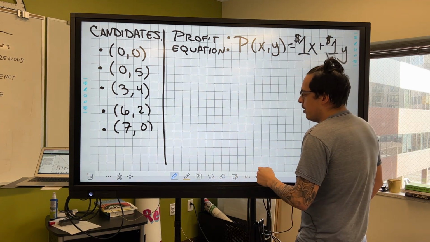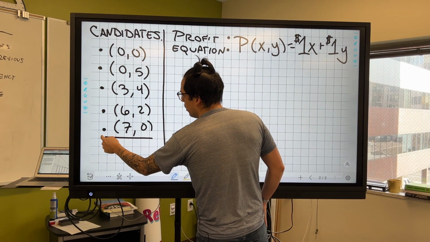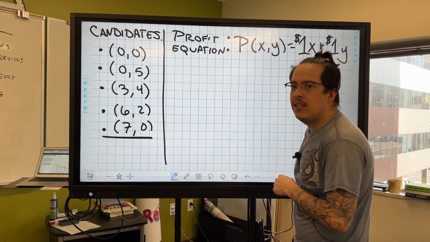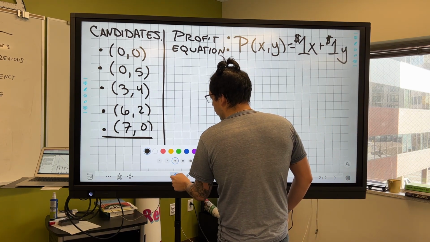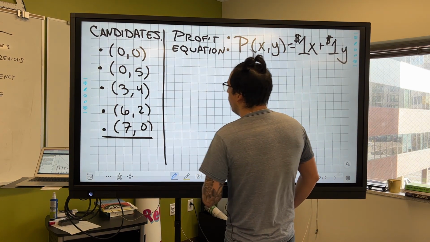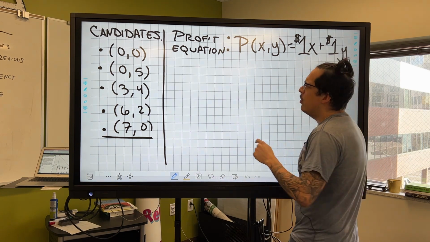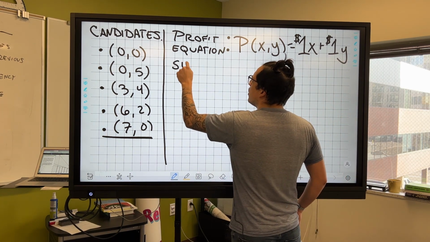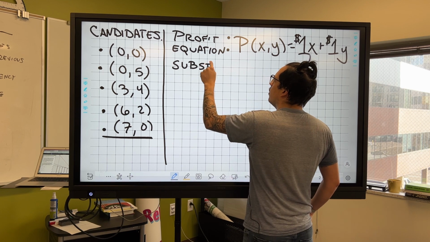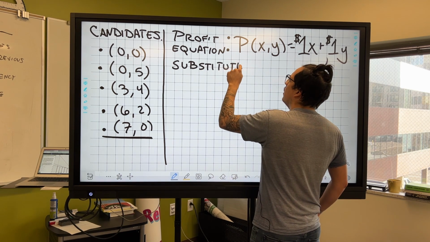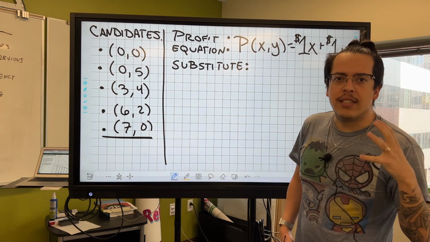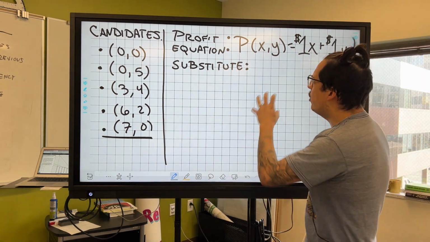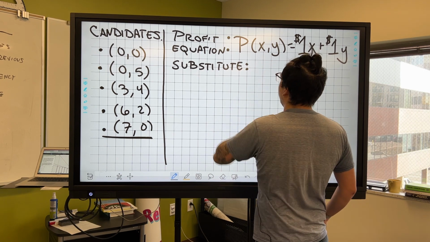So the first point I'm going to use is this point 7, 0. And we'll demonstrate how we use our profit equations with 7, 0. So the first thing I have to do is some substitution. And remember, as we're really solidifying the steps, it's a good idea to write out what exactly we're doing.